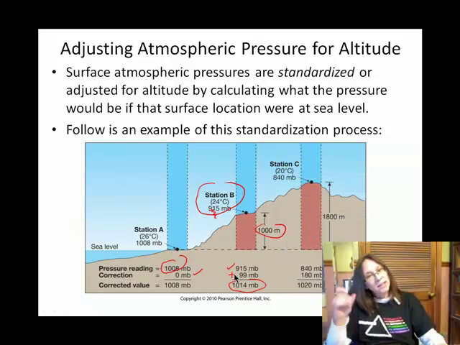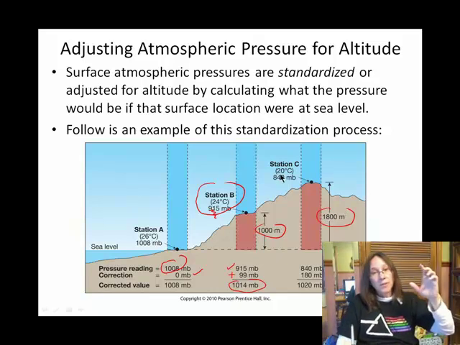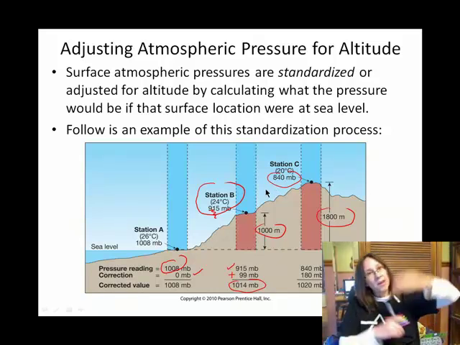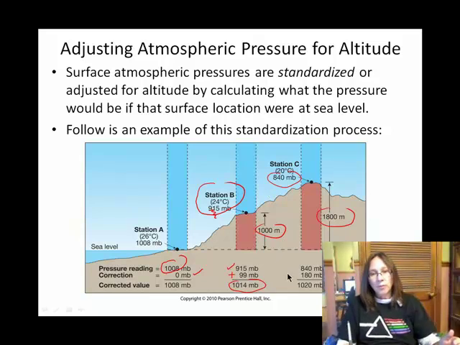And Station C is even higher in elevation. It is up another 800 meters. So not so surprising, your barometer is going to read 840 millibars. But it's artificially low because it's up at upper elevation. So what's done to that 840 millibars is to add 180 millibars.